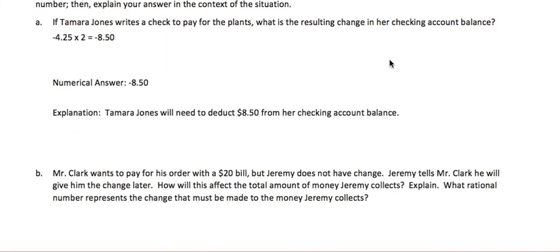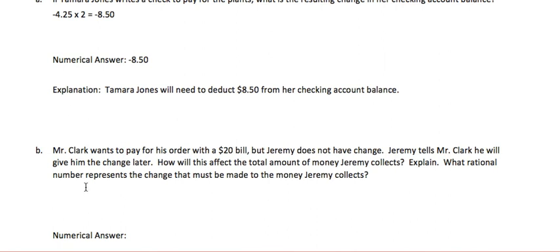So the first thing we'll need to calculate then is how much Mr. Clark owes. $2.25 times 5, and our total then is $11.25. That's how much Mr. Clark will owe.